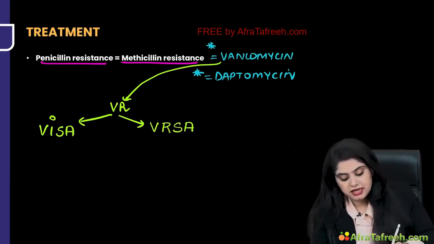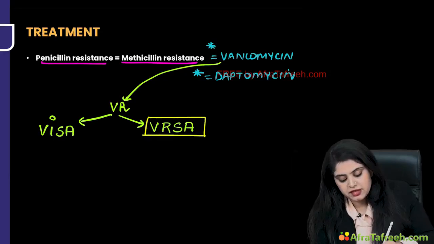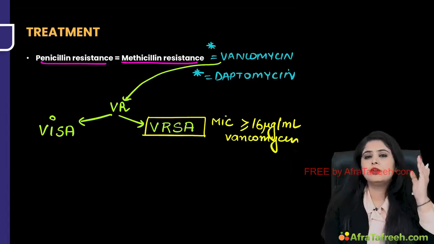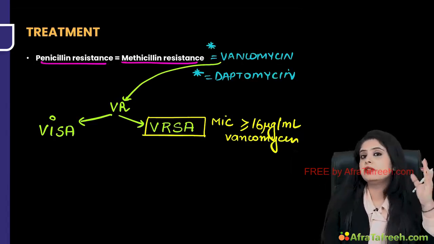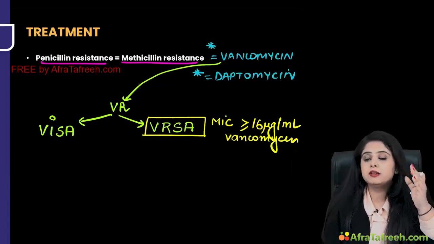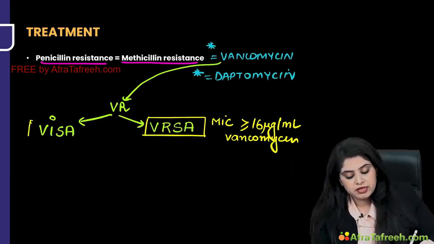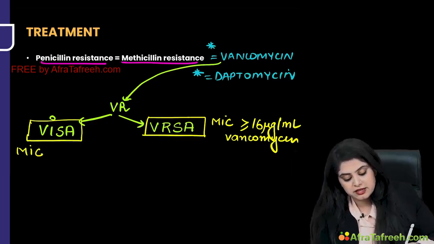And this, please, the diagnosis of vancomycin resistant Staph aureus is made when we need at least 16 microgram per ml of vancomycin. Minimum inhibitory concentration, imagine, that's not small, 16 is a lot. When you need 16 microgram of vancomycin at least to inhibit Staph aureus, this means it's a very high dose. This has gone resistant. Whereas what is the diagnosis of vancomycin intermediate Staph aureus?